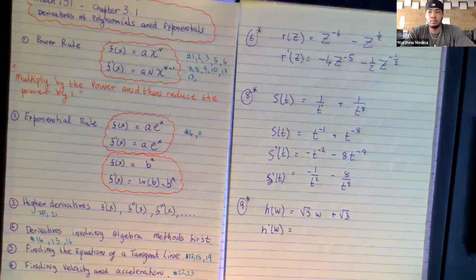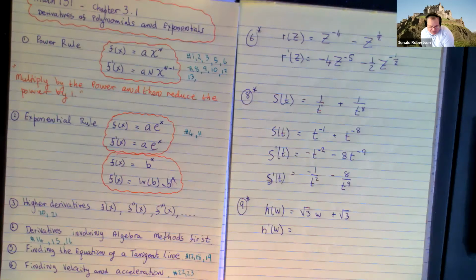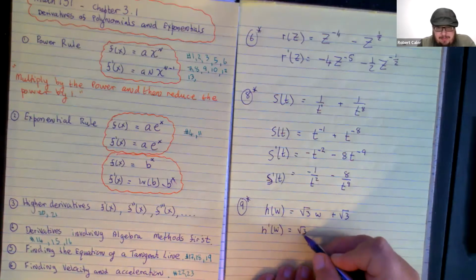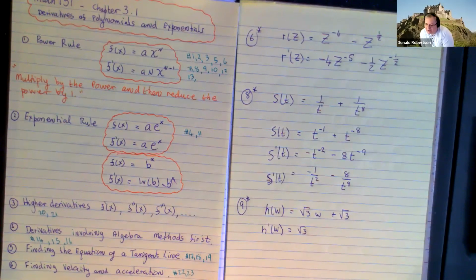See if you can get the answer without getting caught by the trick question. Root 3. Isn't it, like 5w to the 5 and 7w to the 7, the square root of 3w is root 3.